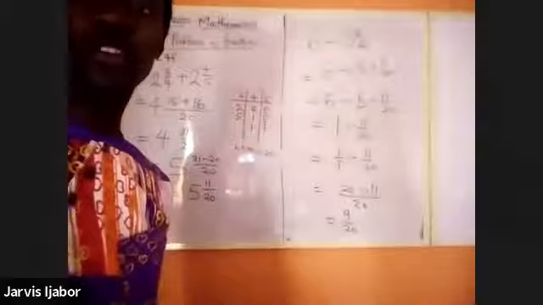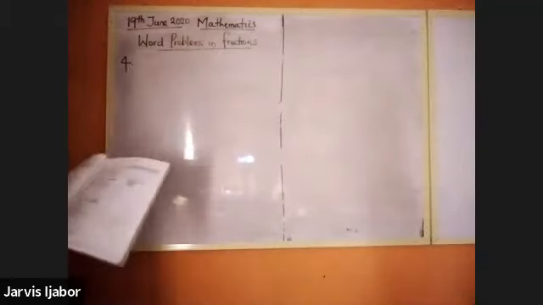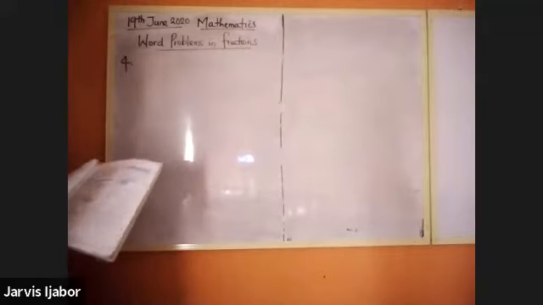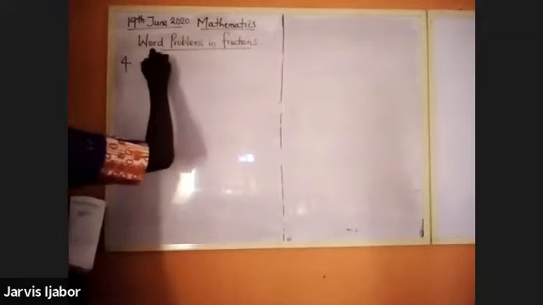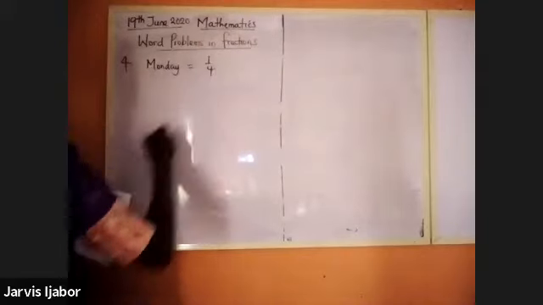Okay, let me give us some time to record it now, please. Question 4 says, a girl spent a quarter of her pocket money on Monday. So Monday is equal to 1/4.